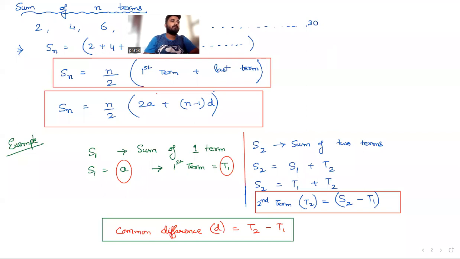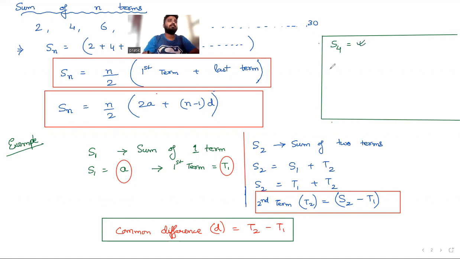Again, let's take another two consecutive sums. Let's say S of four terms is given, some value, and S of five terms is given. So what is S5? S5 is basically S4 plus T5, because it is T1 plus T2 plus T3 plus T4 plus T5.